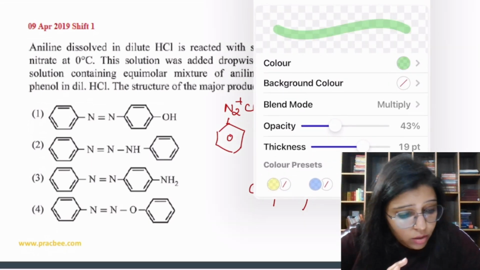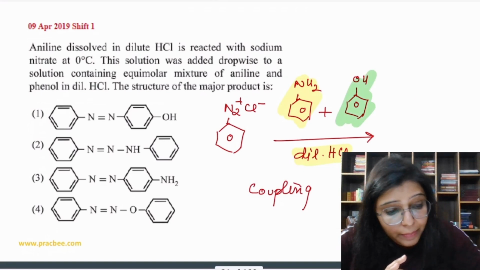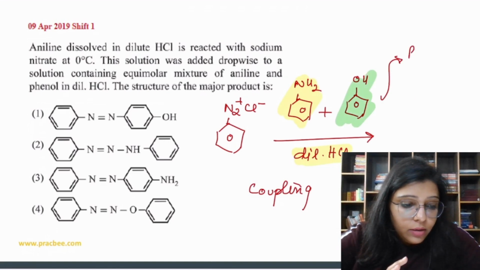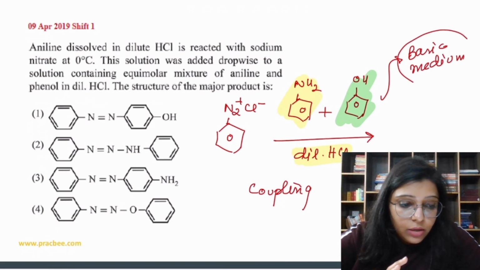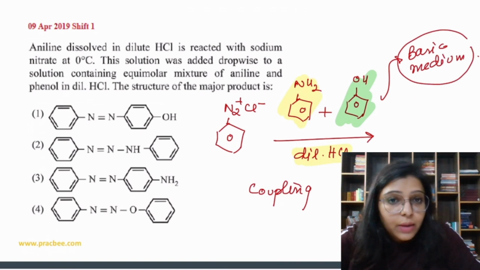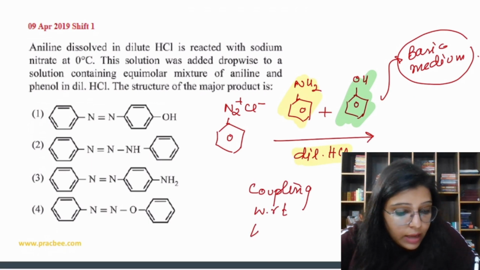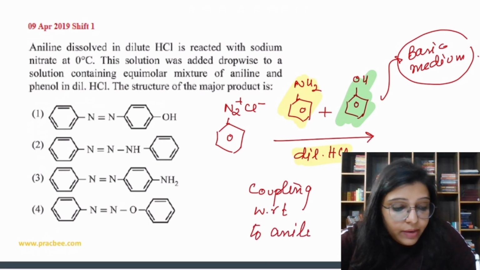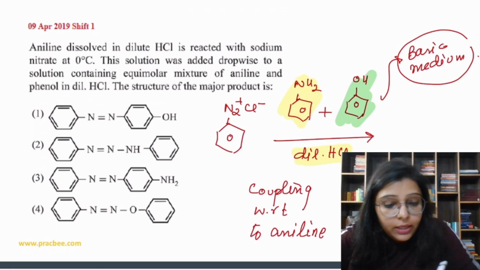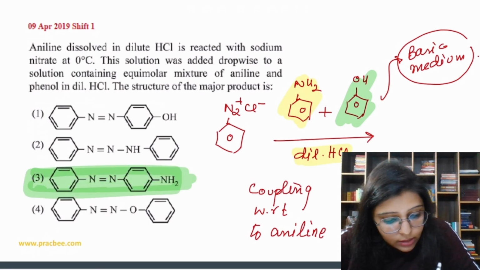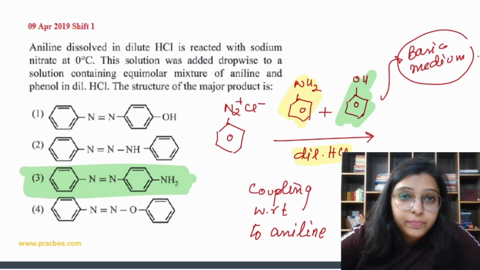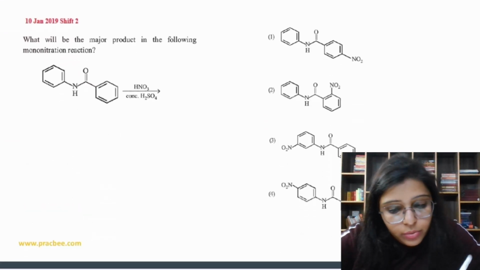But with phenol, basic medium is required. So it means we have to do coupling with respect to aniline. And when we do coupling with respect to aniline, option 3 is going to be the correct answer. Okay, here we have done enough questions of this type. Okay, now let's do the next question.